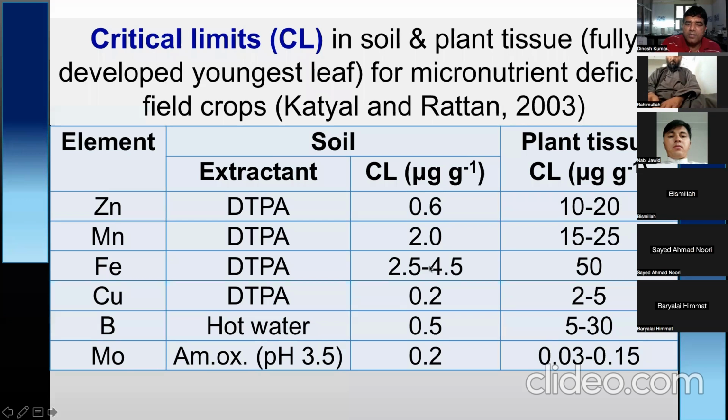Iron concentration in soil of 2.5 to 4.5 microgram per gram is the critical concentration, and in plant tissue it is 50 ppm. Similarly, boron can be extracted by hot water, and its critical limit in soil is 0.5, means it is deficient, and then 5 to 30 ppm in plant is the critical concentration.